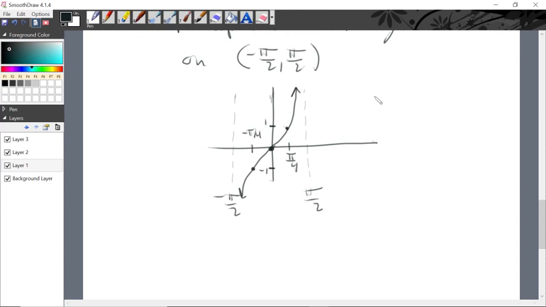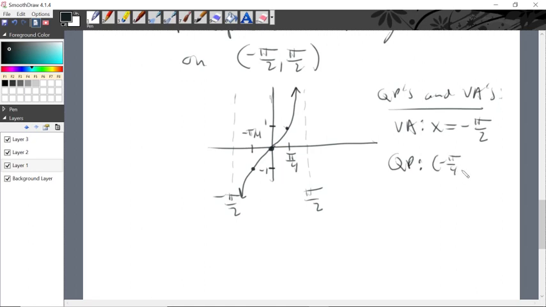Okay, so consider then the quarter points and the vertical asymptotes. From left to right, we have first a vertical asymptote at x equals negative pi over 2, and then a point at negative pi over 4, negative 1. We have a quarter point at 0, 0.